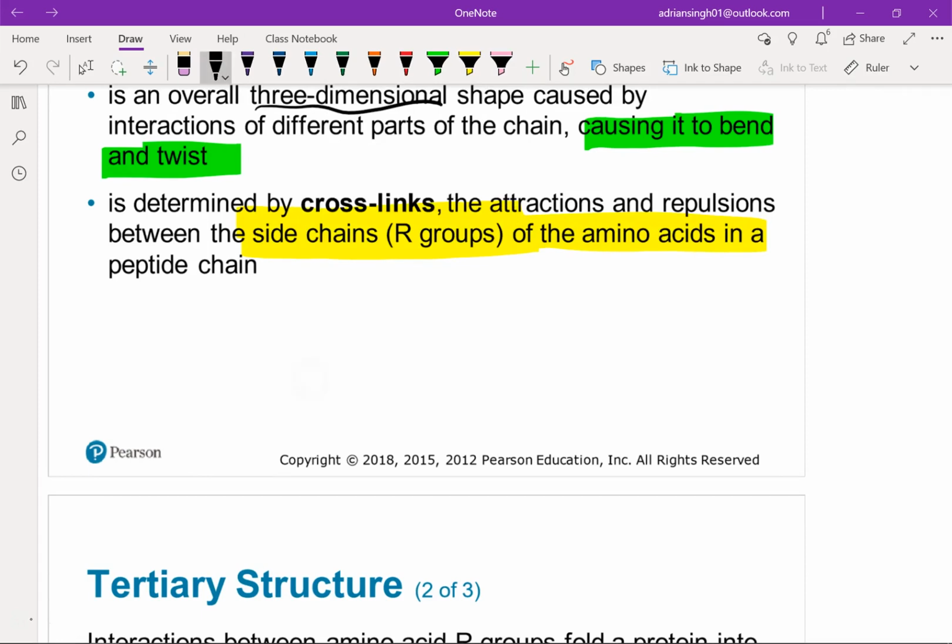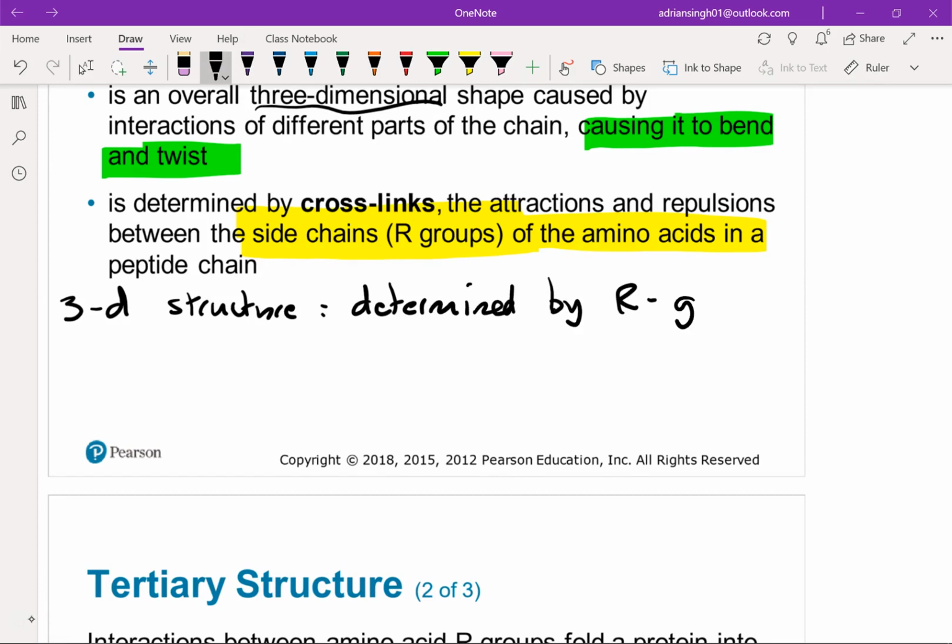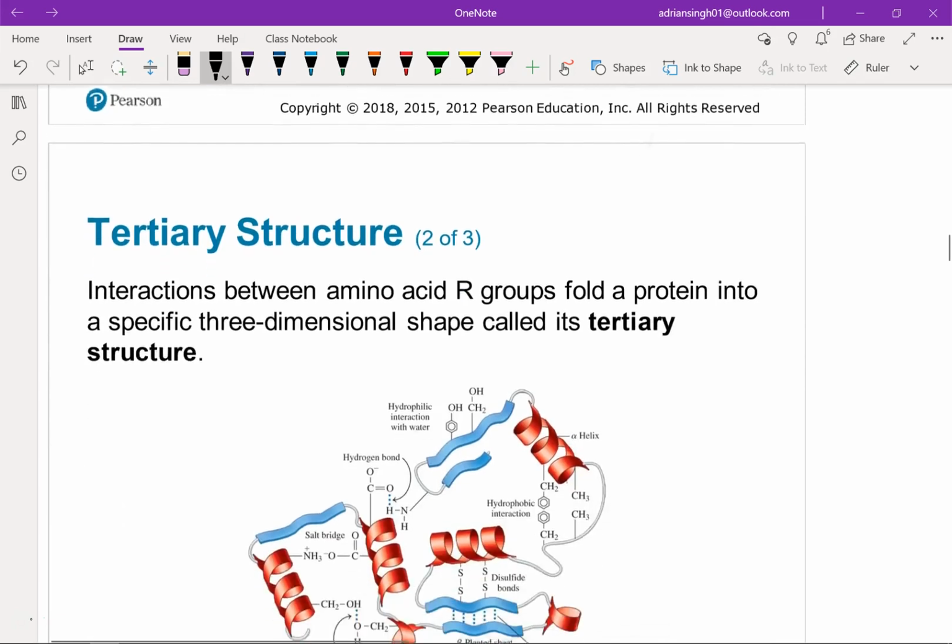So we can say that the 3-dimensional structure is determined by R group interactions. We talked about the R groups back when we looked at the amino acids. Now we're going to see how these R groups are able to interact with each other, which will lead to the protein folding into a particular three-dimensional shape.